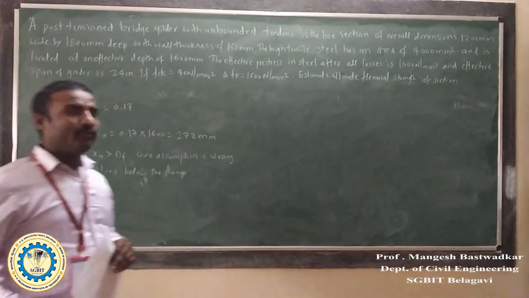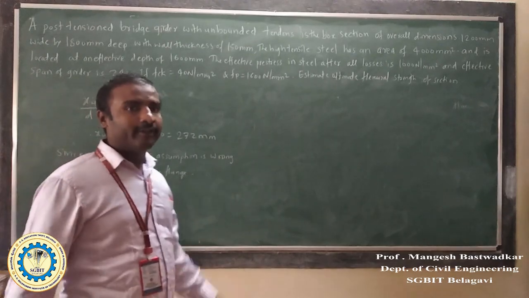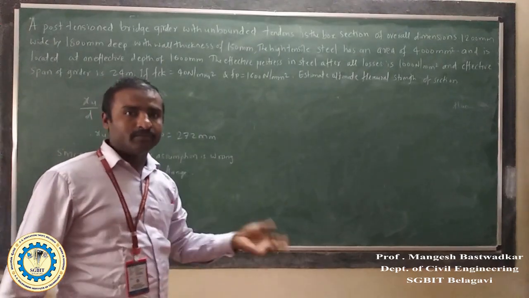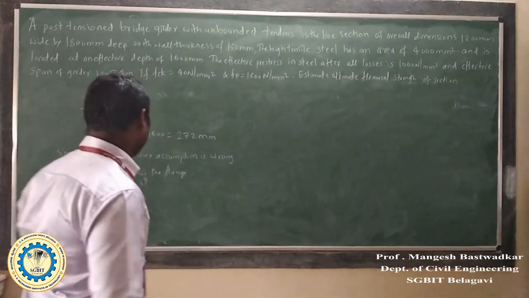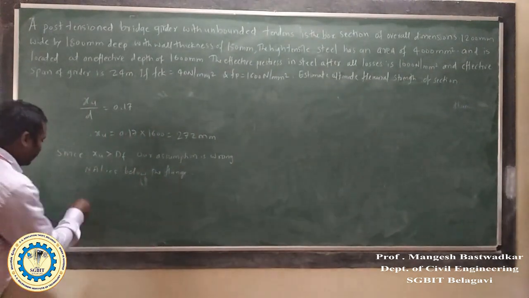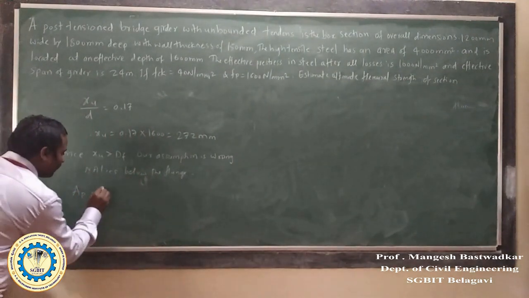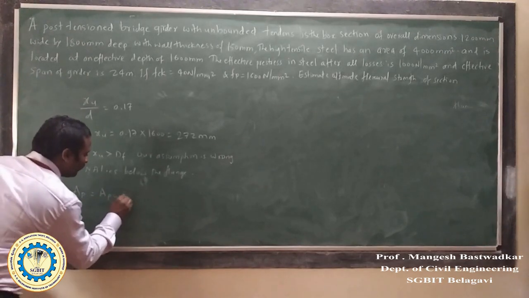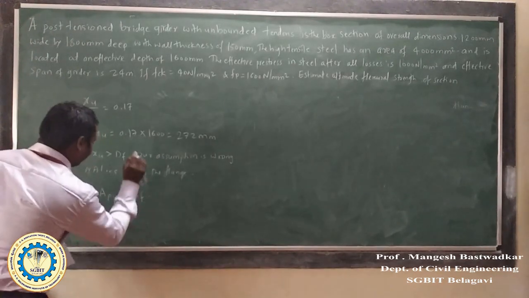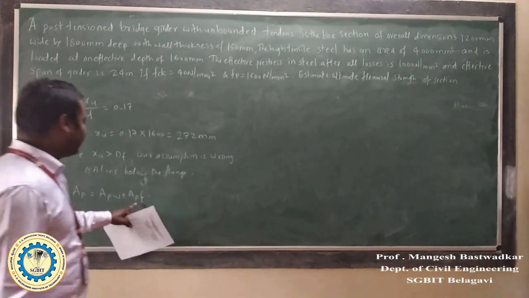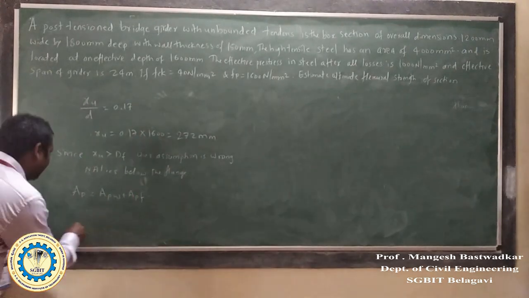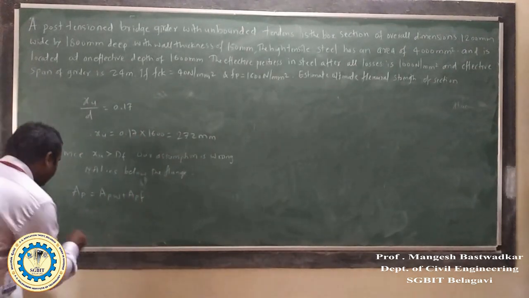Okay, so now we have to distribute the area of reinforcement in the flange portion and web portion. That is AP is equal to APW plus APF. Now we will calculate APF, the area of reinforcement in the flange portion.